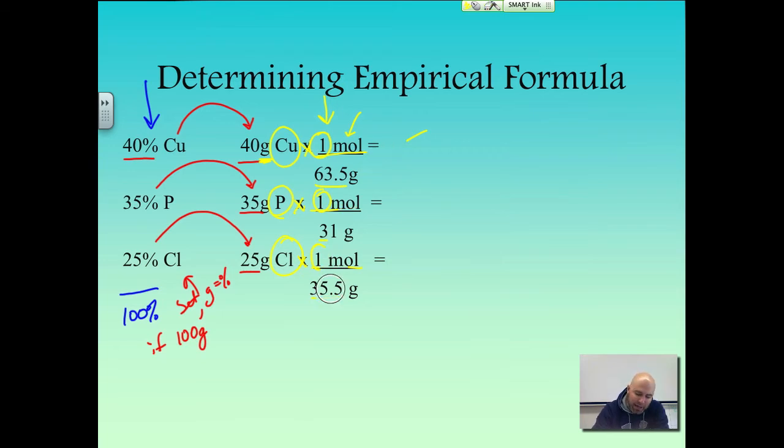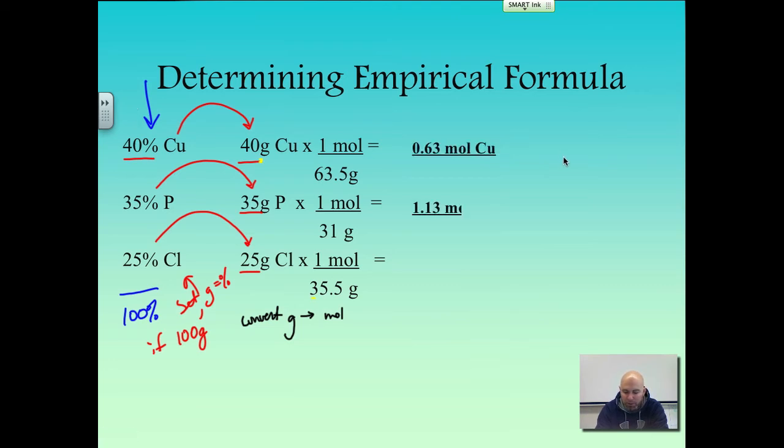So in this step right here, I'm converting all my grams to moles. So here's my moles of each: 0.63 moles of copper, 1.13 moles of phosphorus, and 0.704 moles of chlorine.